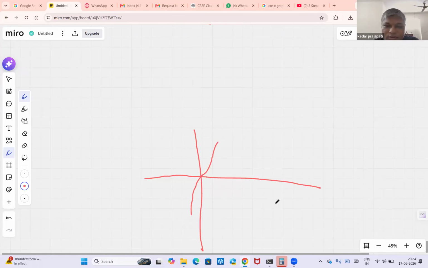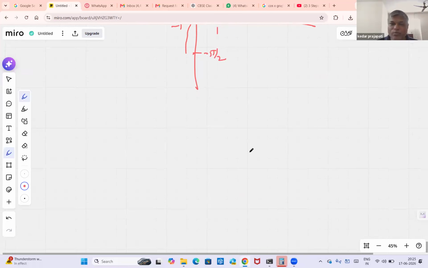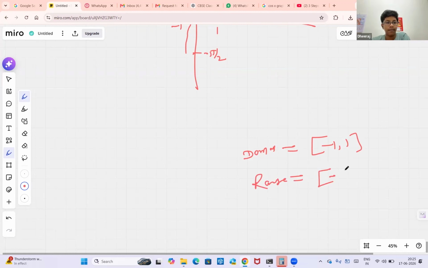Again, this is 1, this is -1. And this value was pi by 2 and this value was minus pi by 2. So what is its domain? -1 to 1. And range? This is for sine inverse, minus pi by 2 to pi by 2.